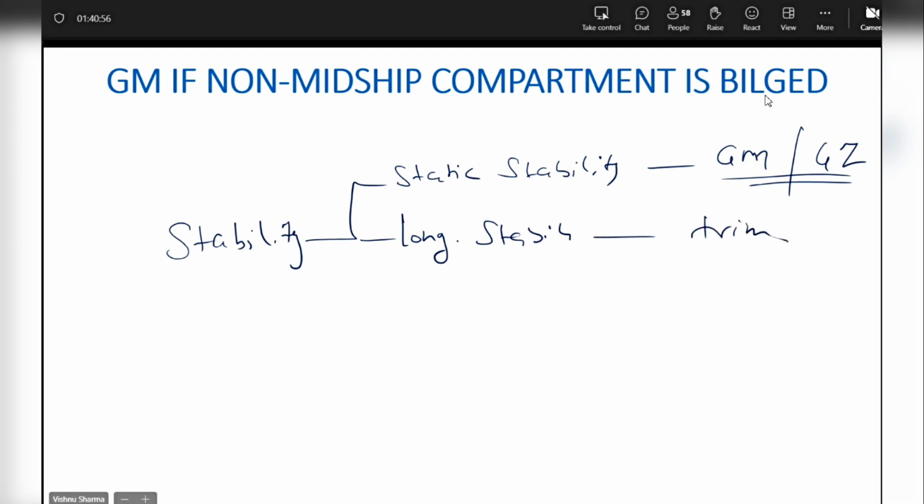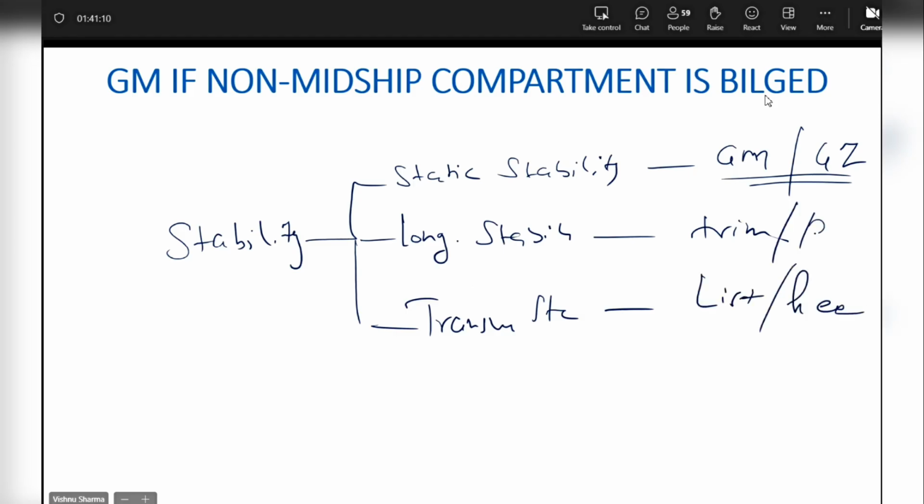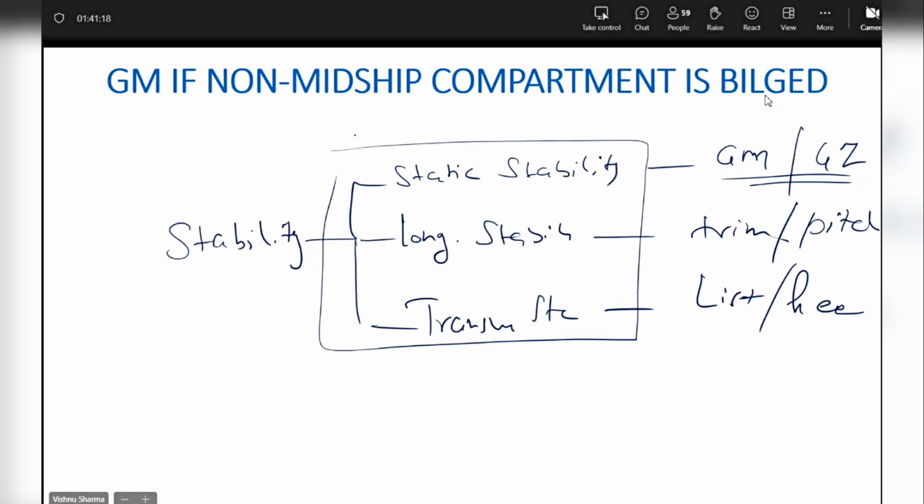Trim is the measure of the vessel's longitudinal stability. Third is the transverse stability. List or heel measures transverse stability, while trim or pitch pertain to longitudinal stability. These are the three components.